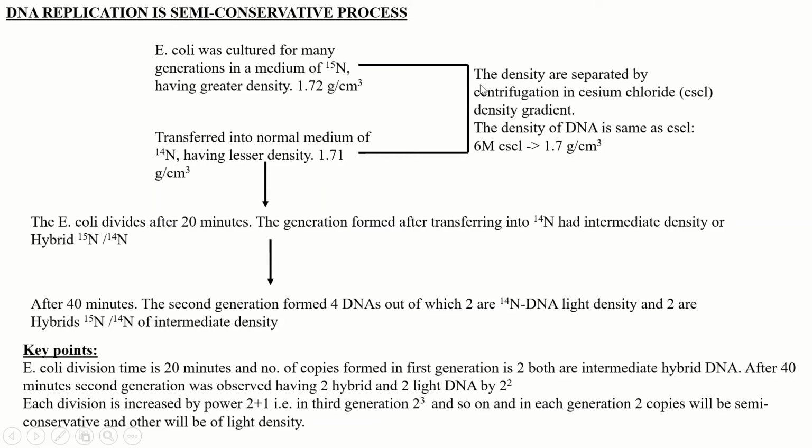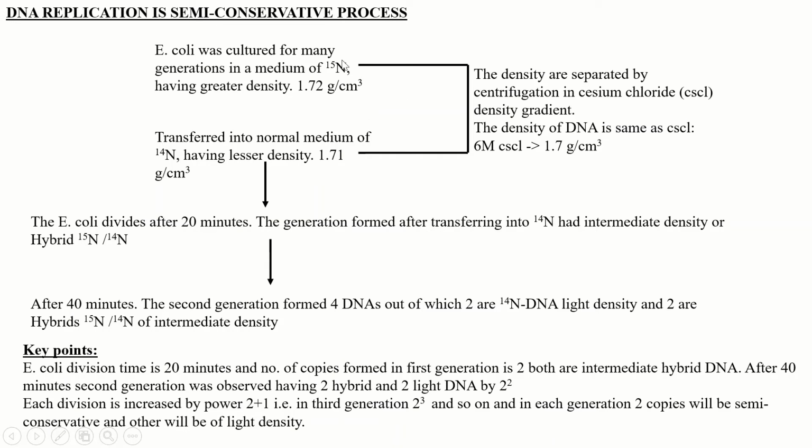Now, this density was compared with the density gradient which is used in centrifugation, and that is cesium chloride, that is CsCl. And for this gradient, the density for 6 molar is 1.7 gram per centimeter cube.